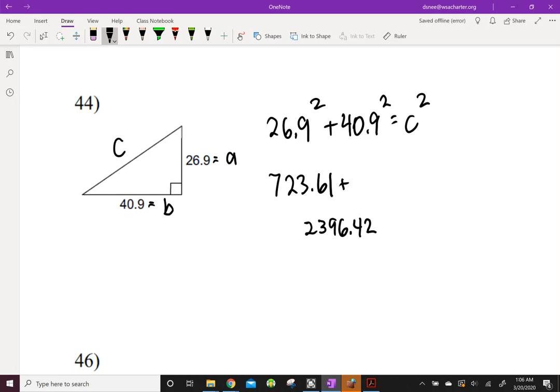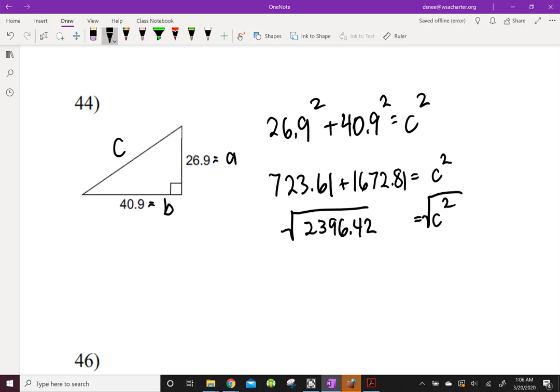I'm going to go back. I'm going to do 40.9 up to the second power. 1,672.81. I just skipped a step in there on you guys. I don't need to do that. And then we're going to take the square root of both of these.